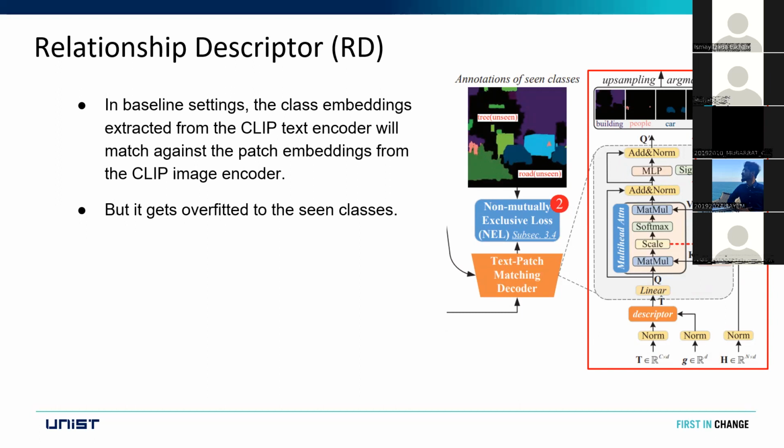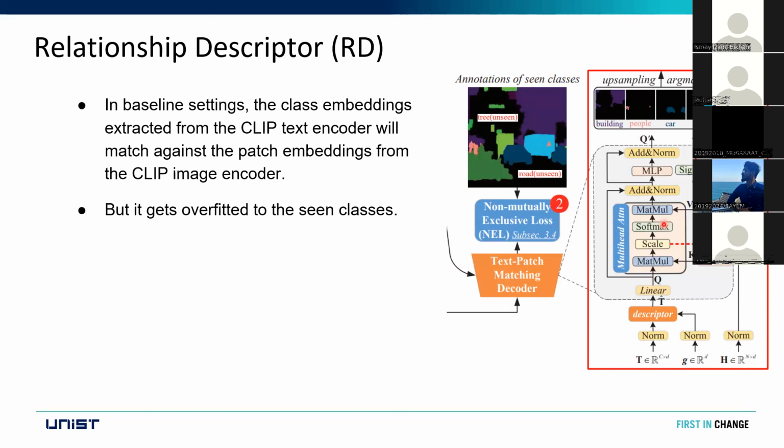But the problem here is that it also gets overfitted to the training classes since we again use softmax. As I explained earlier, softmax is prone to just choosing classes given in the training set, so it gets overfitted to the training set and performs worse on the testing set when the classes are not given in training.